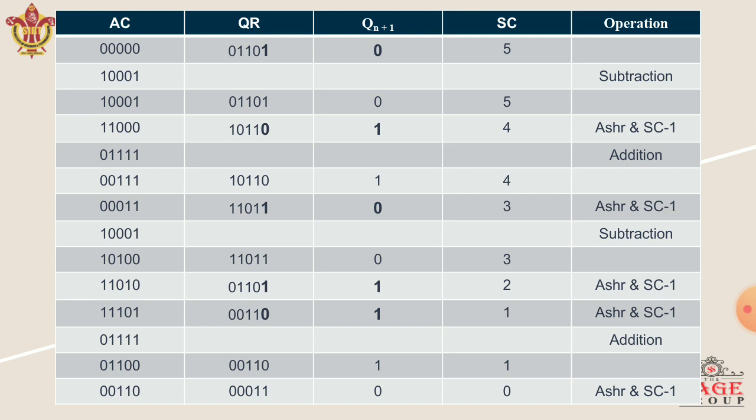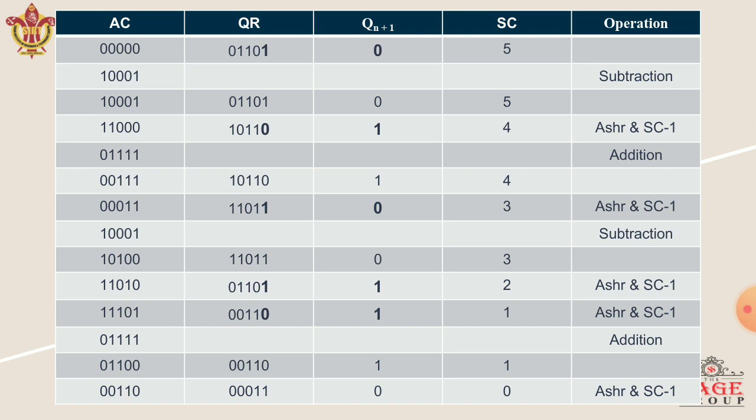In that particular case, after shifting, the leftmost bit is not changed. This is the most important point, because the leftmost bit represents the sign bit, so it is unchanged. Now the value of SC is 3. After decrement, the value of SC is 2.